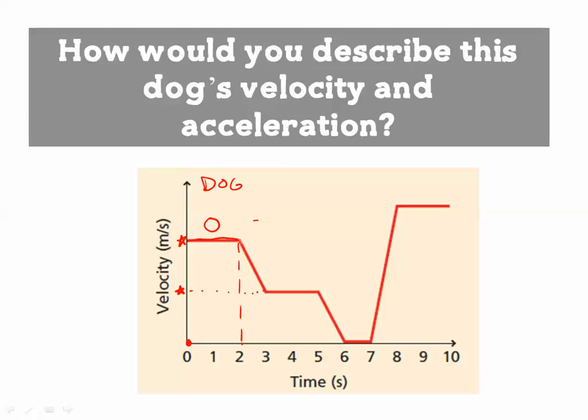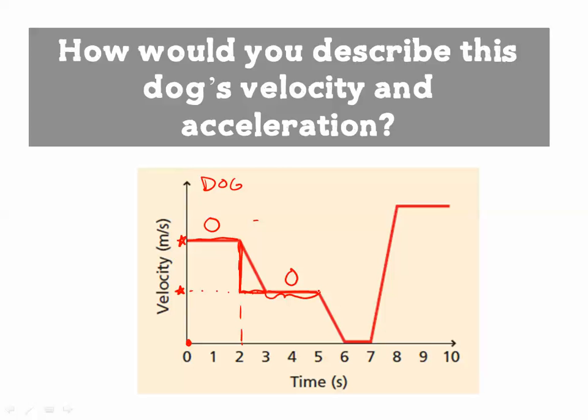So in 1 second, it's got a velocity lower than it had, so it's got an acceleration, it's decelerating. And then again, it has another point in time where its acceleration is 0 because we have this horizontal slope. That doesn't mean the dog is still, it just means the dog is moving at a constant velocity.